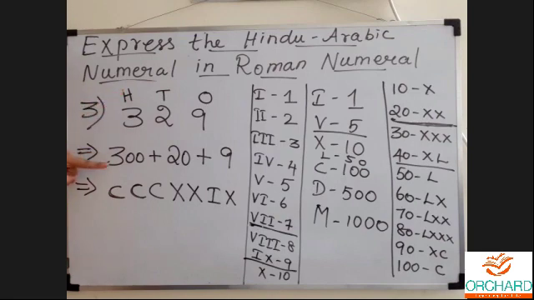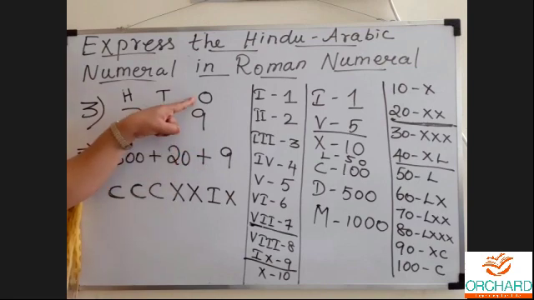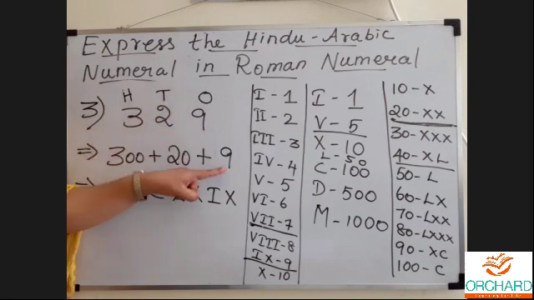After that, we have to write the expanded form for the given number. 3 which stands in the place of 100. So we have to write 3 into 100, 300, plus 2 in the place of 10. So 2 tens are 20, plus 9 in the place of 1. So 9 ones are 9.